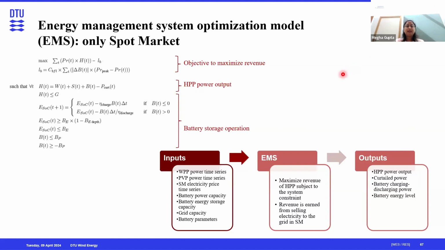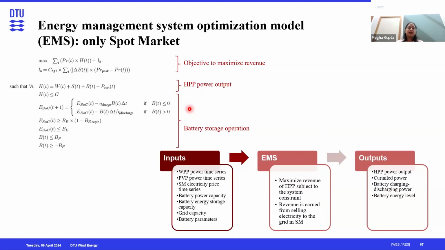Coming to the energy management system model, if we are only considering the spot market, that is the day ahead market, then the objective function is quite simple, where we are just trying to maximize the revenue, and the revenue is earned by selling the electricity to the grid at the spot market prices.